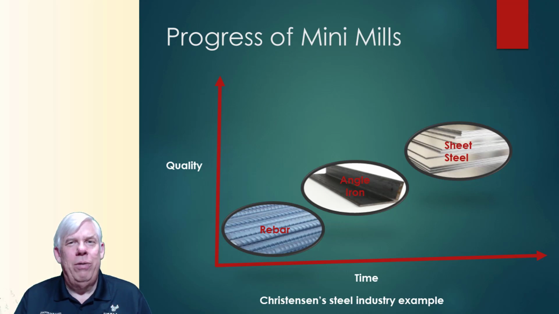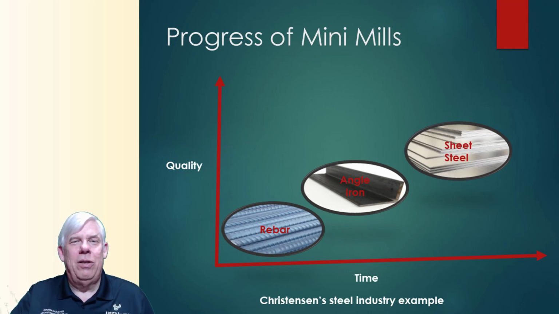And so when they were introduced into the country, there were still a number of these large integrated mills that were in operation. The first thing mini mills did was produce a very low quality of steel. That particular type of steel is used in rebar.